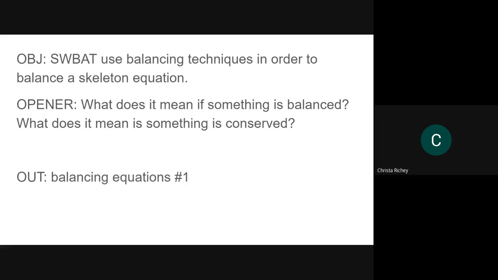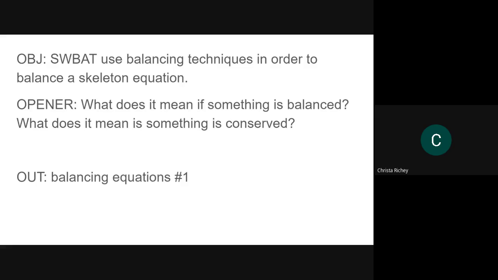What does that mean between a starting and an ending amount if it's conserved? Okay, good. So what conservation means is things might be rearranged, but the net beginning and the net ending value are the same. It's the same concept as being balanced.